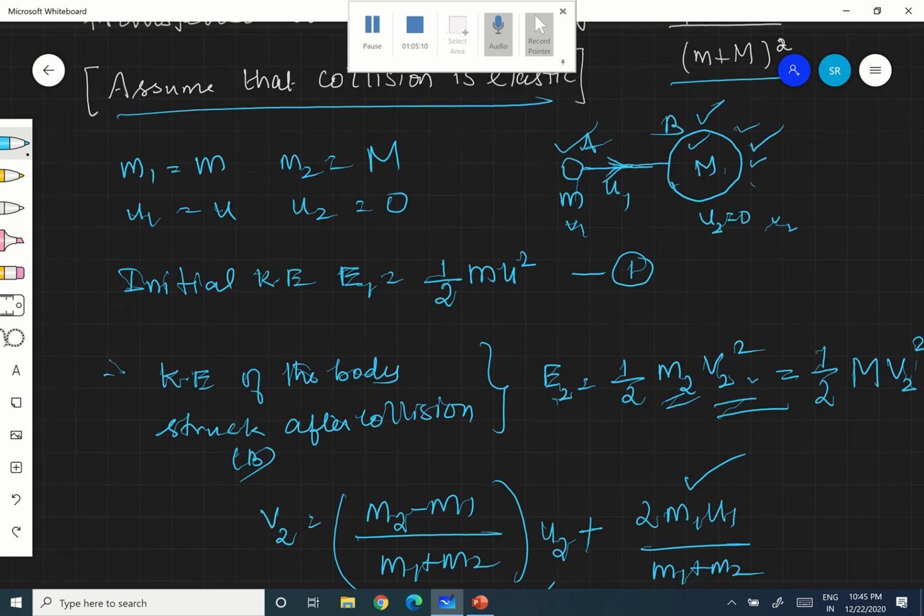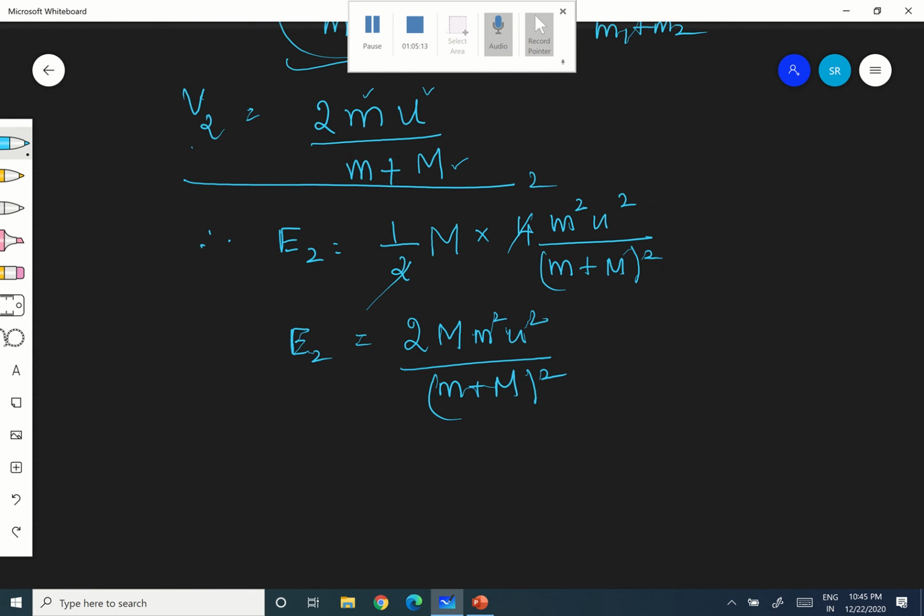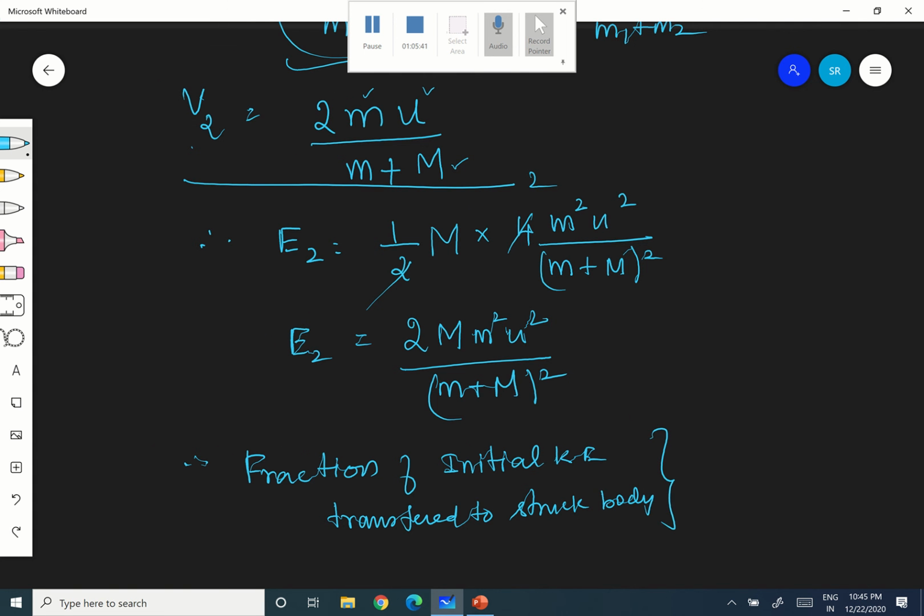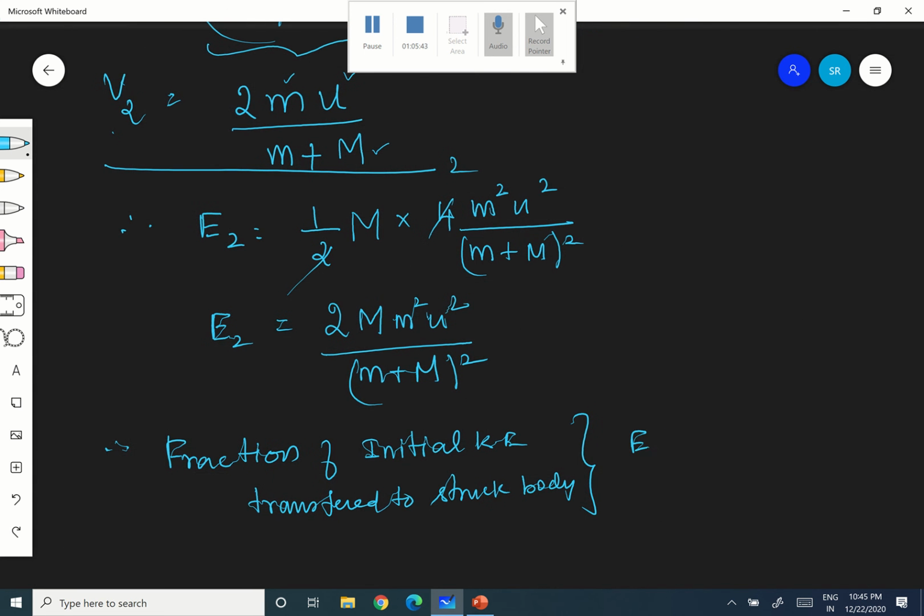Now, what is asked here is the fraction of initial kinetic energy transferred to the struck body, which is given by E2 by E1.